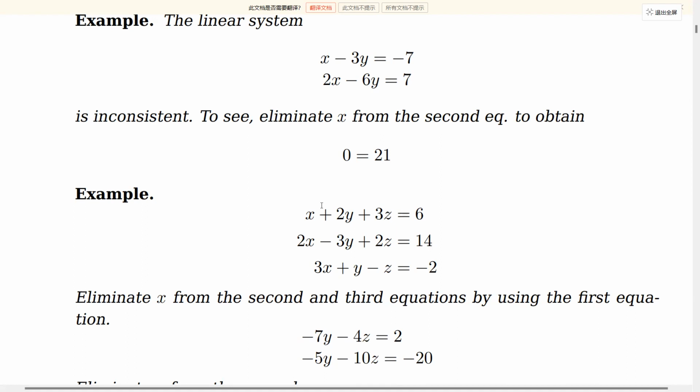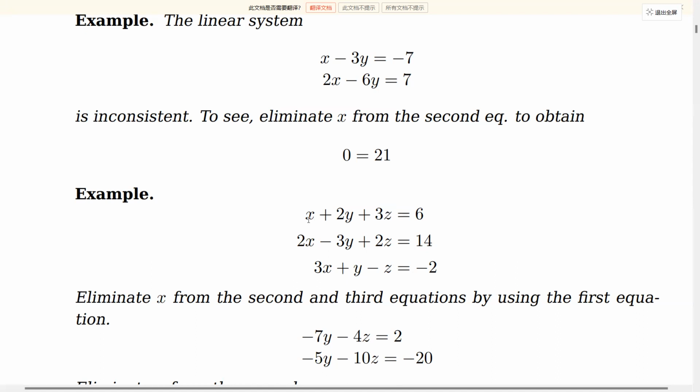Another example is a system of 3 equations with 3 variables x, y, and z. We have x plus 2y plus 3z equals 6, 2x minus 3y plus 2z equals 14, and 3x plus y minus z equals -2. So we're going to use the elimination method again to solve this system.